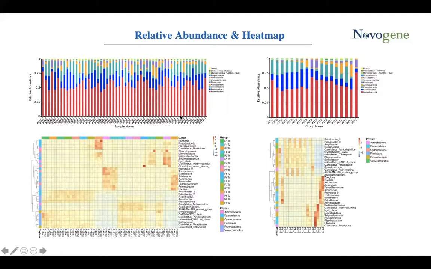And also, according to the abundance information of the top 35 genera of all samples, the heat map can be drawn here, so as to check whether the samples with similar processing are clustered or not. The similarity and the difference of samples can also be observed by this heat map.